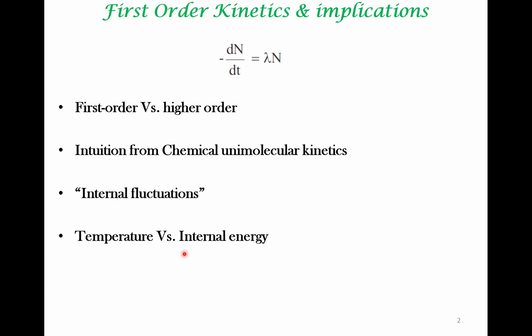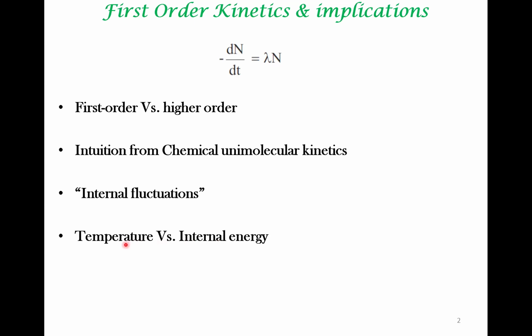Whenever we say a temperature is kept constant, temperature can be interpreted using, let's say, the equipartition theorem, where each excitable degree of freedom has thermal energy equal to half kT. So when we say temperature is kept constant, we are only referring to the average energy possessed by each degree of freedom. We can only keep the average energy constant, but the internal energy of a system can fluctuate above and below this average energy.